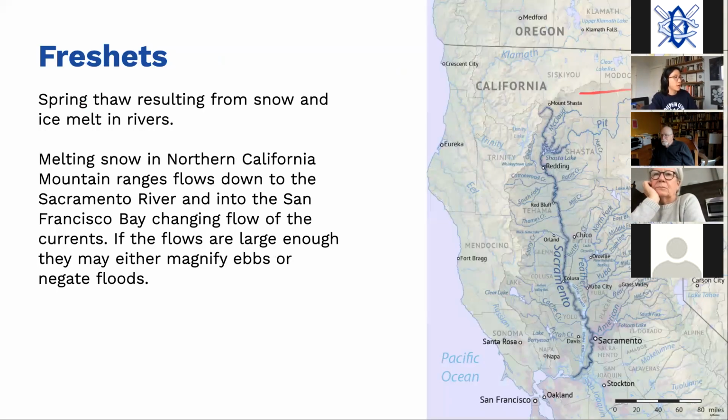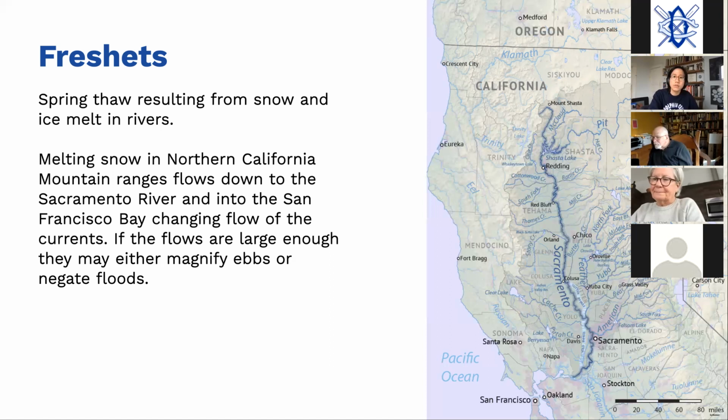The other big environmental phenomenon that could change the experience of the tides and currents are called freshets. I don't know how to pronounce that, but basically all the snow, or most of the snow in the Sierra Nevada and the Trinity Alps, a lot of that melts into the Sacramento River basin, and all that flows out into San Francisco Bay.